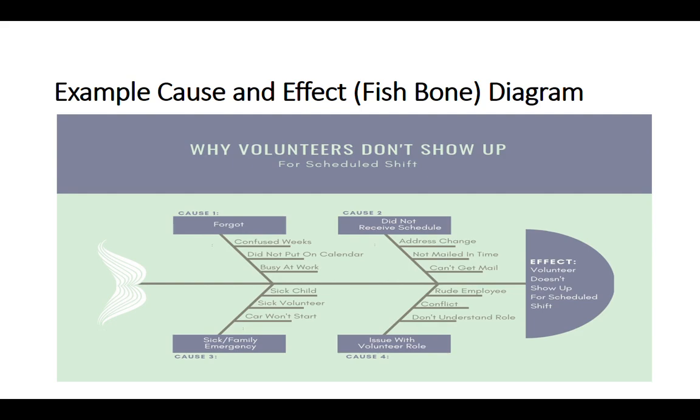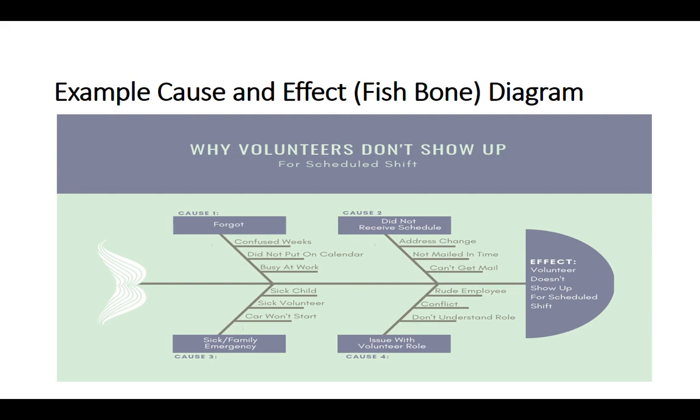So they are not seeing the volunteer on the other side, but the volunteer is on this side, because the schedule was changed, but the volunteer was not aware. Not mailed in time. Maybe the volunteer did not receive an email in time. Can't get mails. Possibly they are using email to communicate, but the volunteer doesn't even have an email.